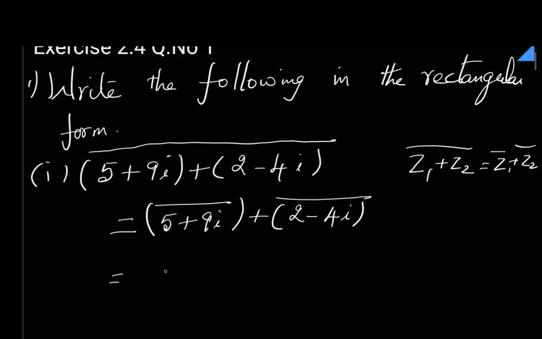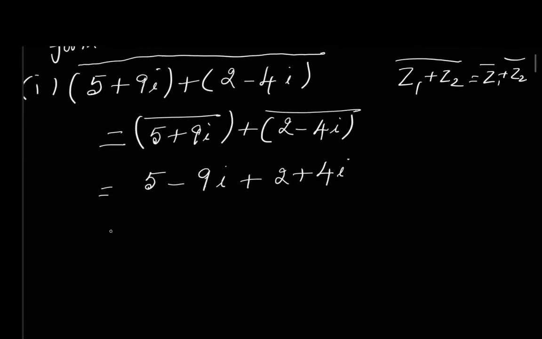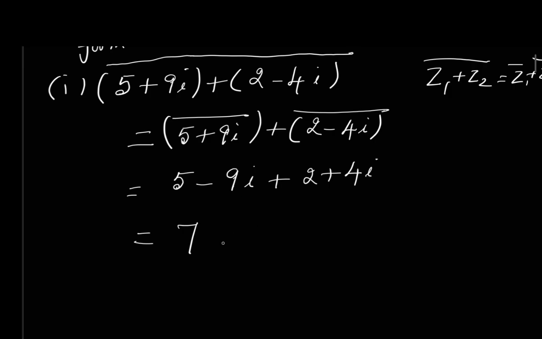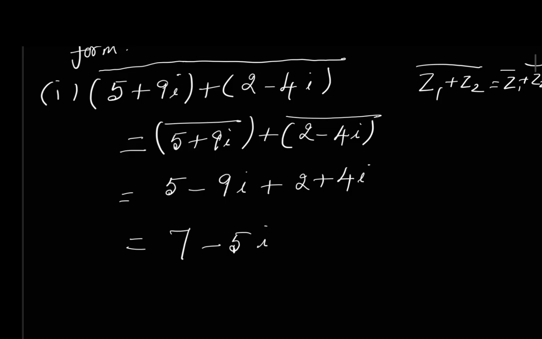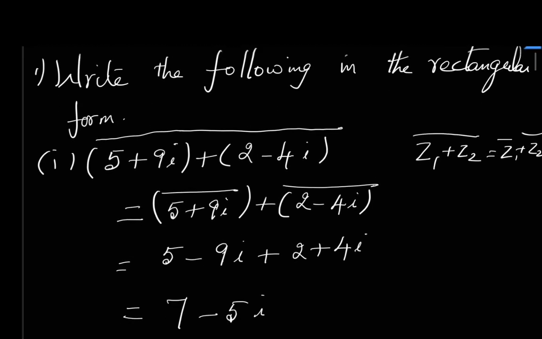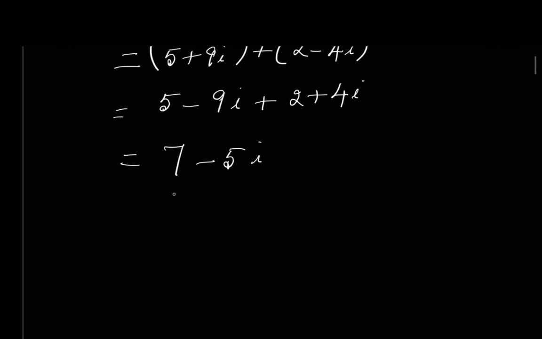The conjugate of 5 plus 9i is 5 minus 9i. The conjugate of 2 minus 4i is 2 plus 4i. What is 5 plus 2? 7. Minus 9i plus 4i is minus 5i. So this is the standard form representing the complex number, or we say it is in the rectangular form, with real part and imaginary part.